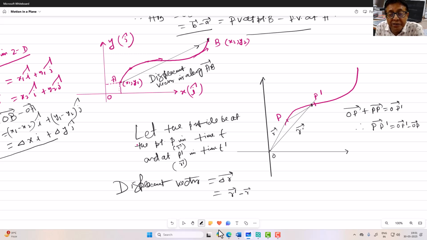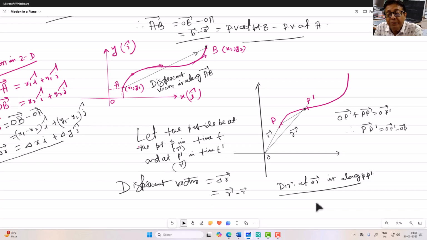The direction of the displacement vector, the direction of delta R, is along PP dash. Okay. Now the way it is shown, point P has coordinates say x, y, and P dash has coordinates x dash, y dash.